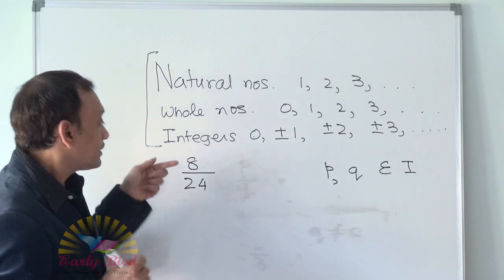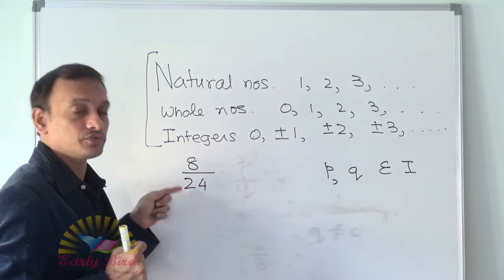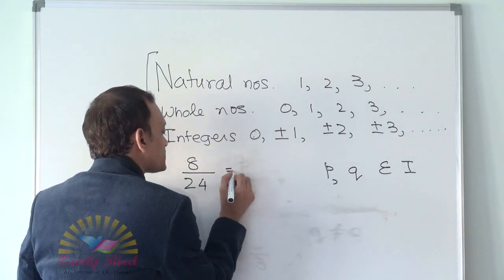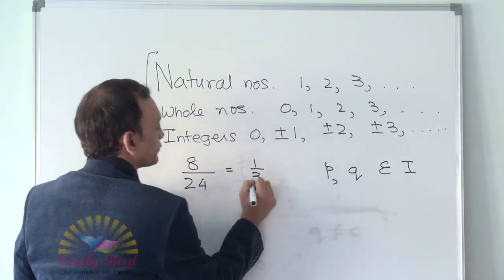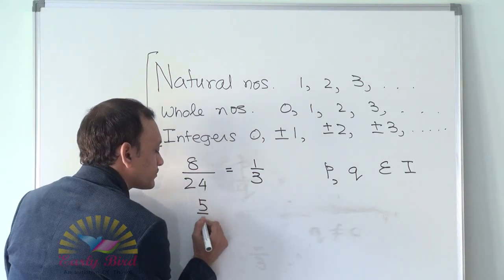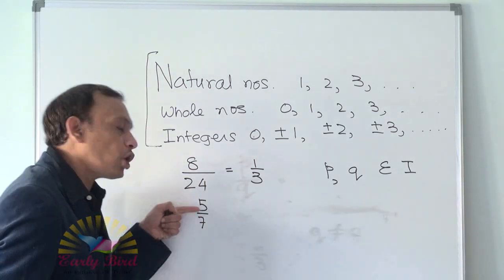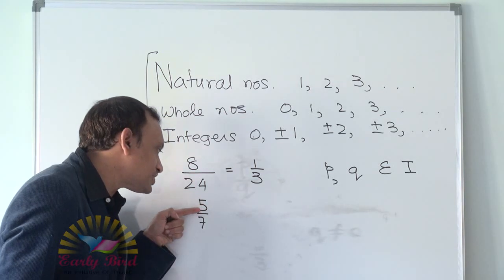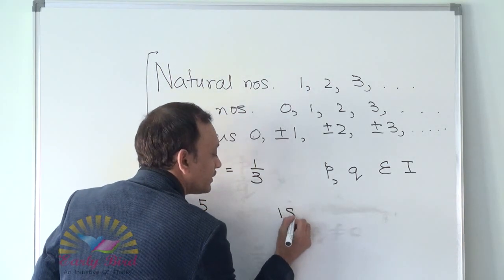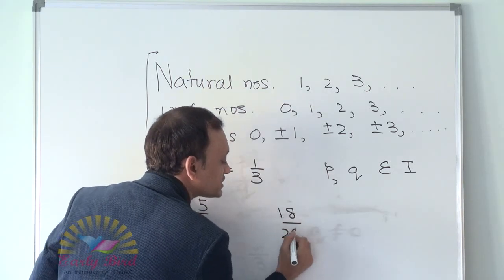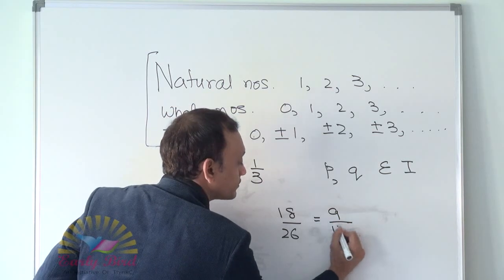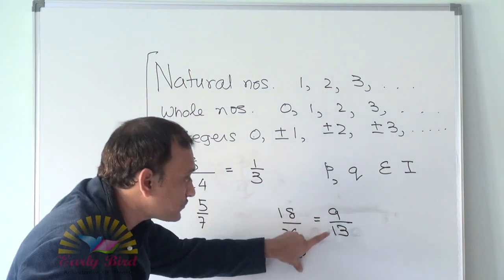Right? This is an integer, this is an integer. This could be in its lowest form expressed as 1 by 3. Right? 5 by 7. It's already in its lowest form. There is no further cancellation from the numerator and denominator. 18 by 26. That's 9 by 13. This is the lowest form.